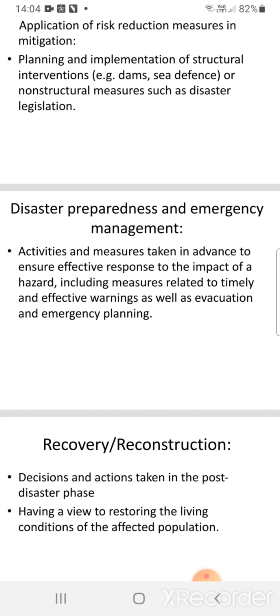Similarly, the emergency situation, which is unpredictable or which is foreseen, can be managed by making proper preparations, which includes activities and measures which are taken in advance to ensure effective response to the impact of a hazard.